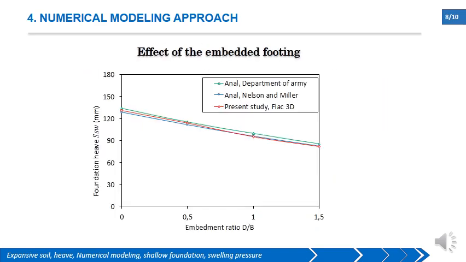The effect of square footing embedment on the total heave was studied. The embedment was selected from 0 to 1.5 for a distributed vertical loading equal to 100 kilopascals. The results observed show that the heave of the footing decreases linearly with an increase in the embedment depth.